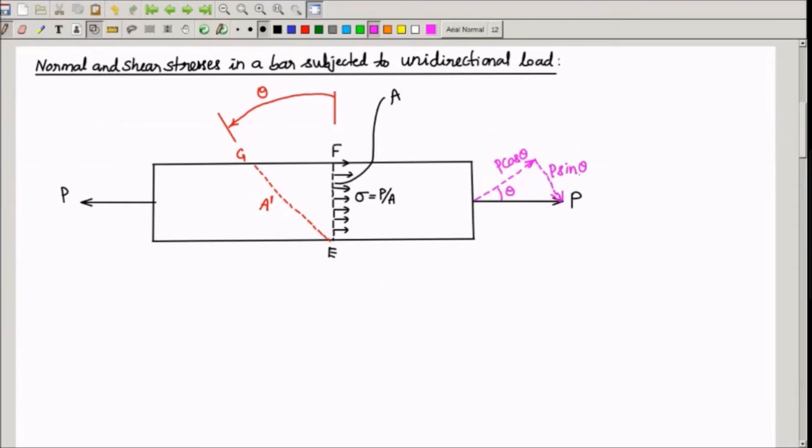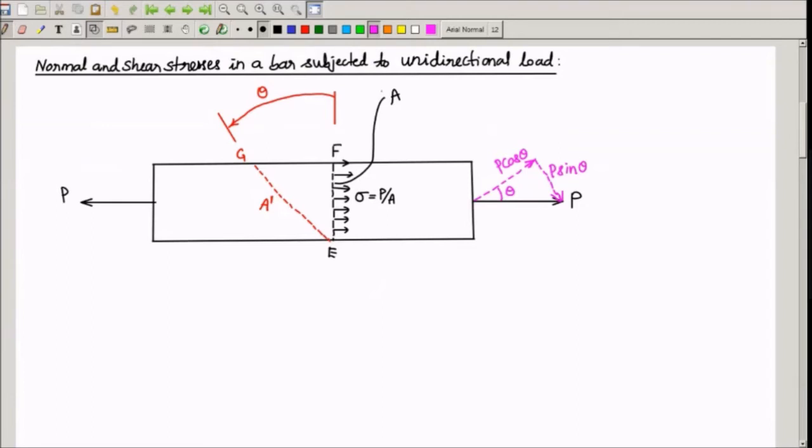Now you see P sin theta is a force acting along the plane GE. When a force is acting tangential to a plane, it should induce shear stress. So P sin theta divided by A dash is the shear stress on the plane GE. And P cos theta, which is normal to GE, should induce a normal stress on the plane.